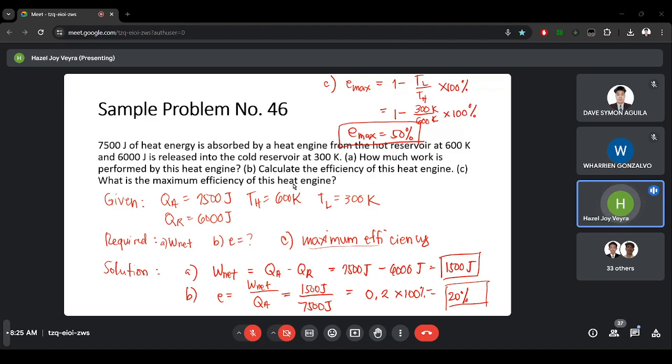So I will be giving a removal exam. That will be a one-time removal only, not unlimited. So give your best if you are given a chance to take the removal exam.